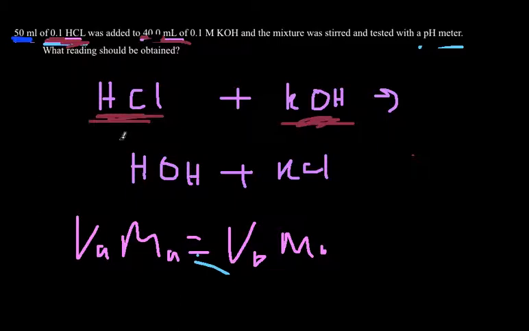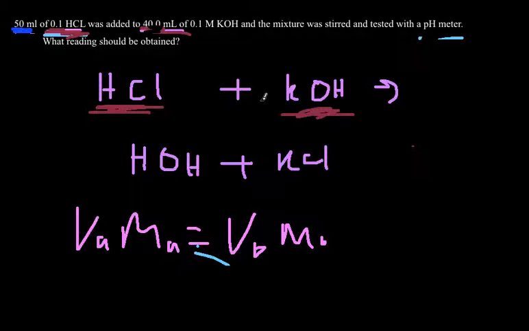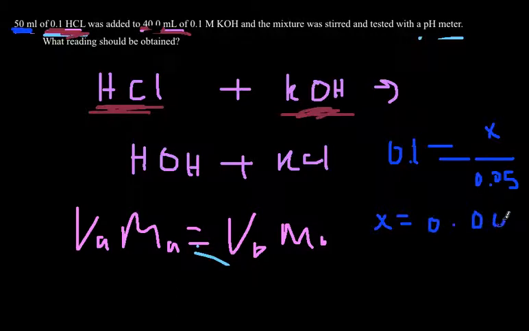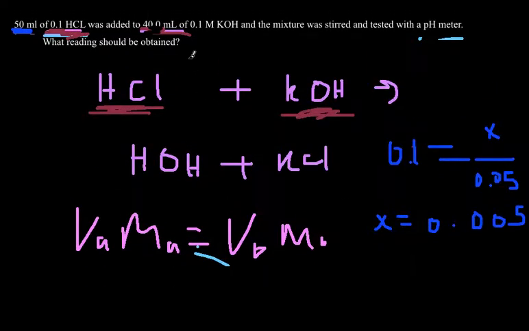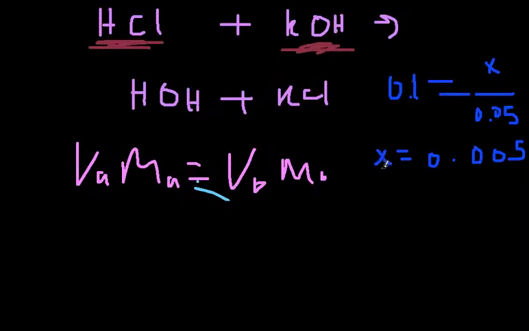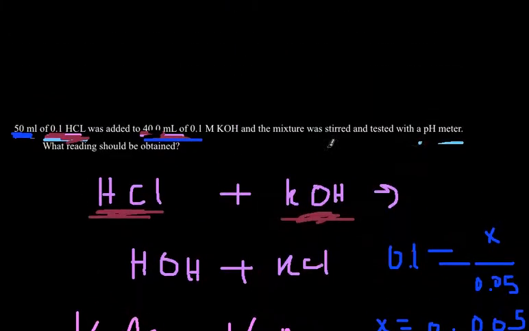So let's first find the number of moles of each. 50 ml of 0.1 molar: molarity is the number of moles, which I'll put as X, over 0.05, which is the number of liters. Multiply that together, X equals 0.005. You can do the same thing with this, and you get that the number of moles for this is 0.004.